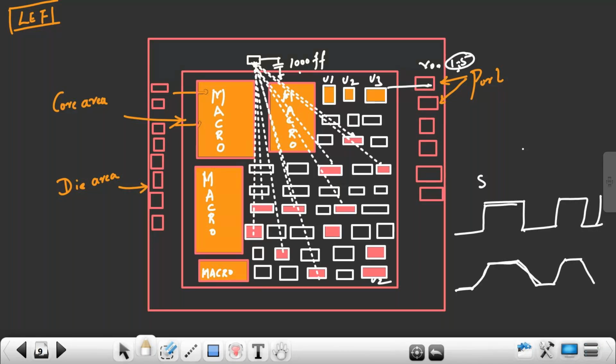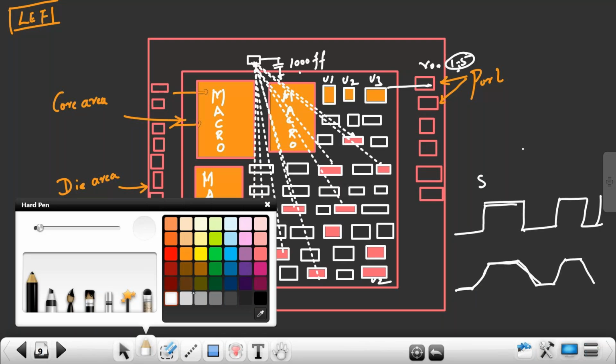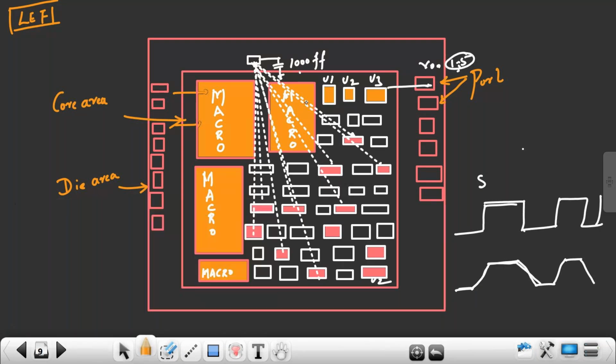As only this one port is connecting to all these flip-flops and the load has become very high, my charging time increases because I have more load, right? If your tank is very big, you will take more time to fill the water. Similarly, if this capacitive load is very high, you will take more time to charge, which means your rise time increases.